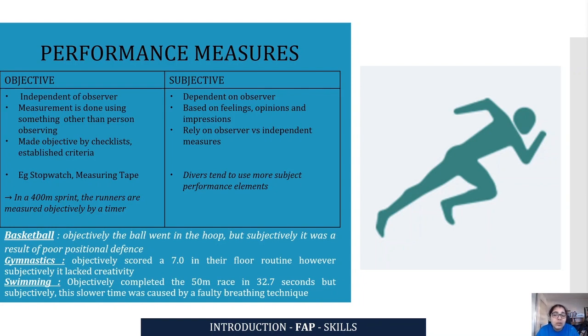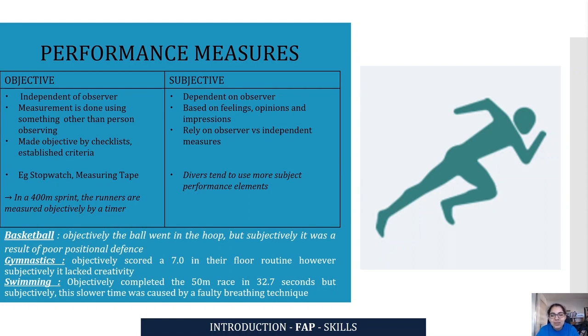Sometimes it can be made objective by checklist or established criteria. For example, in gymnastics, in dancing, where it's more subjective, that's where we can use checklists to make it more objective. But generally in sports like running, stopwatch, measuring tape in long jump and so on, they are quantitative measures.